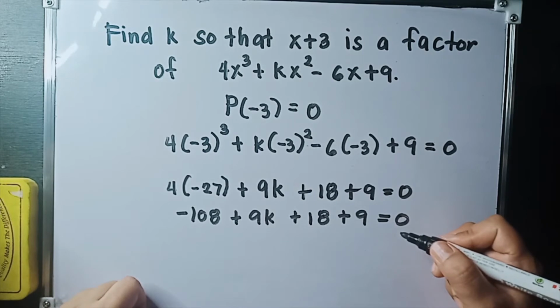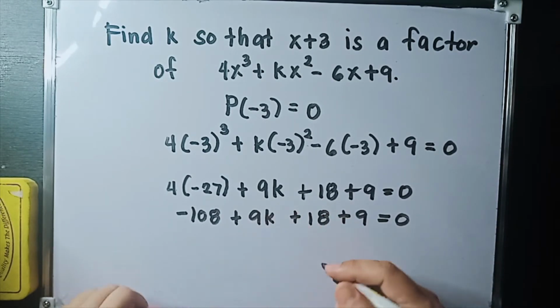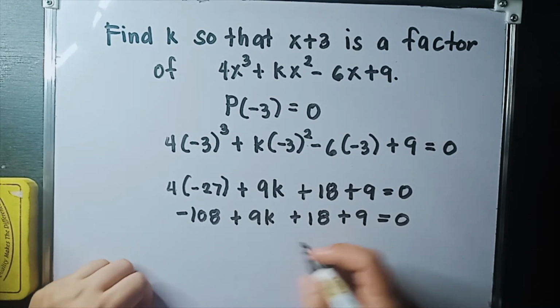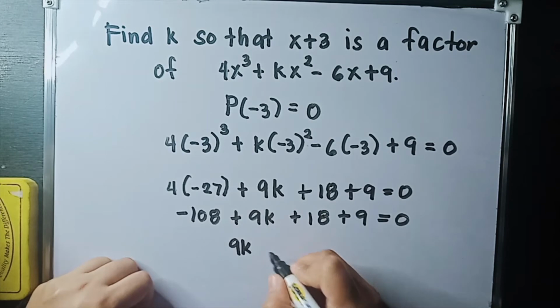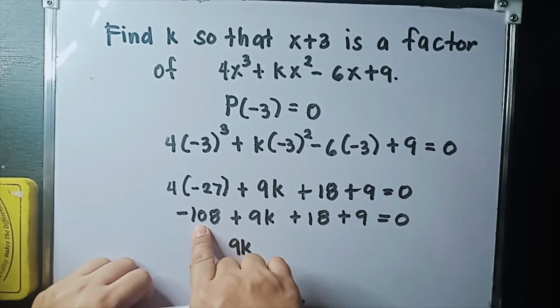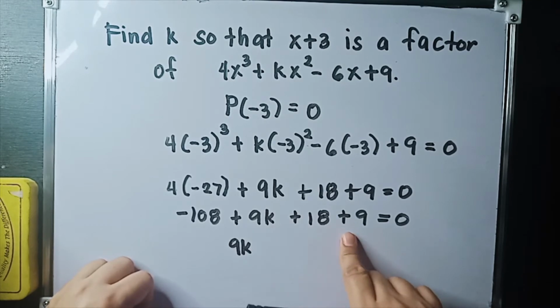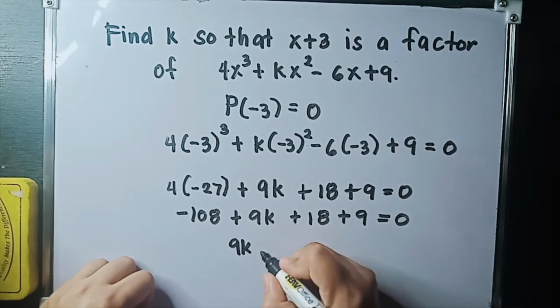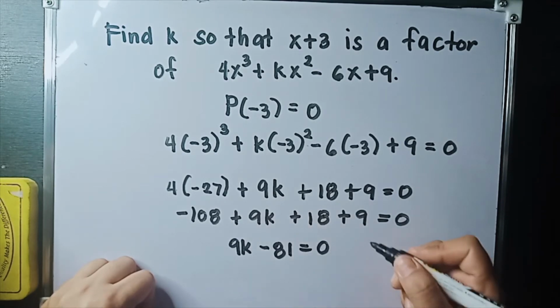So we are here to solve for the value of k. We want our k to be alone on the left side of the equation. So, what we have here is 9k, negative 108 plus 18 plus 9 is equal to negative 81 equals 0.